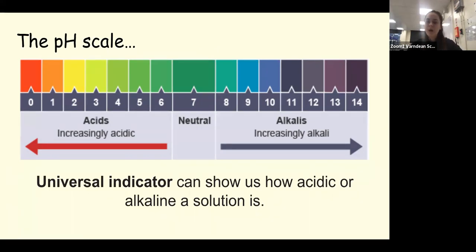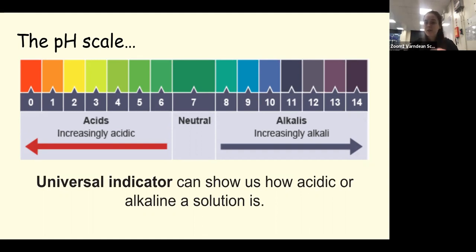We can also come up with this rainbow-looking scale using something called an indicator. This thing called universal indicator will give us these colors here. Red at our 0 end shows that we have a really strong acid. It moves through orange and yellow as we get to weaker acids and back towards neutral.